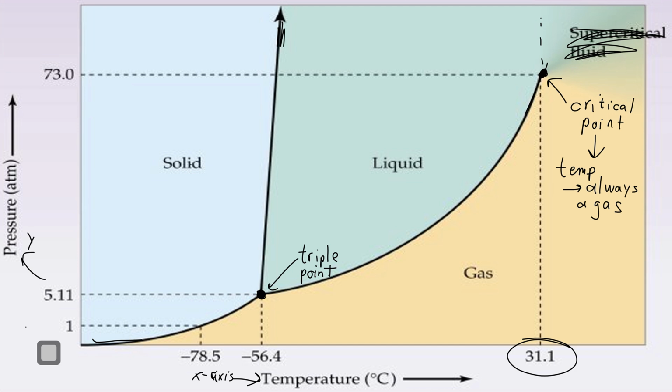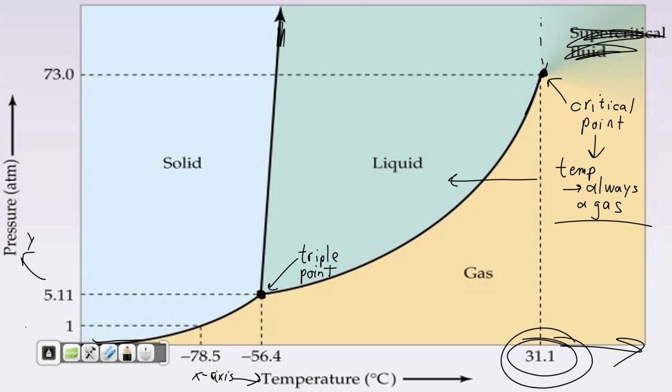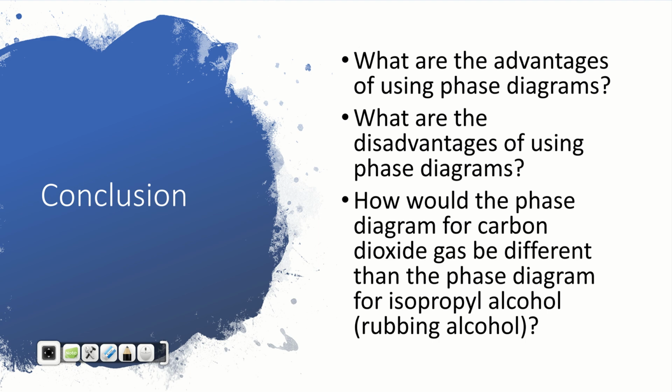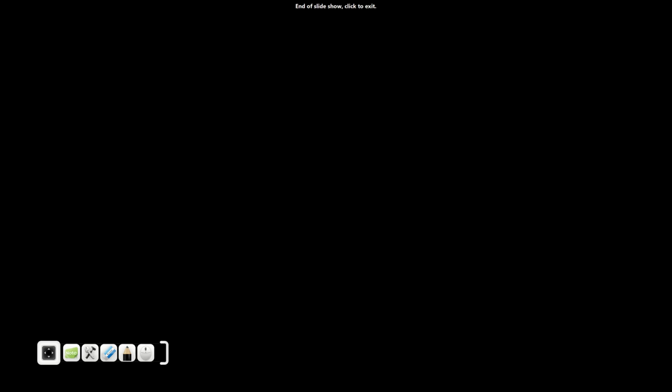All right? You will maintain a gas. Now, obviously, if you lower that temperature, then yes, you can become liquid again. But if you're at this temperature or higher, you are always a gas, and you have passed the critical point.